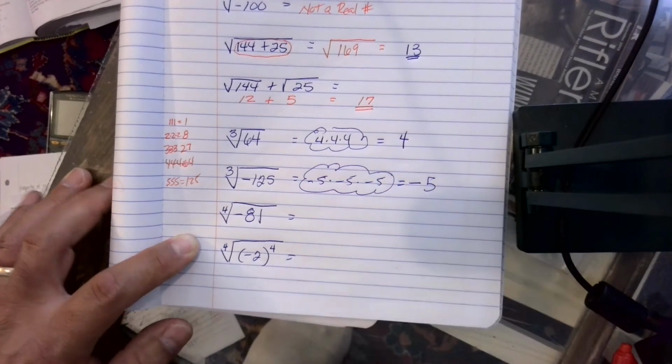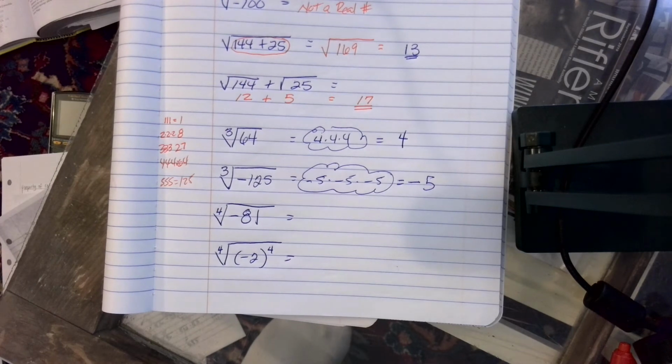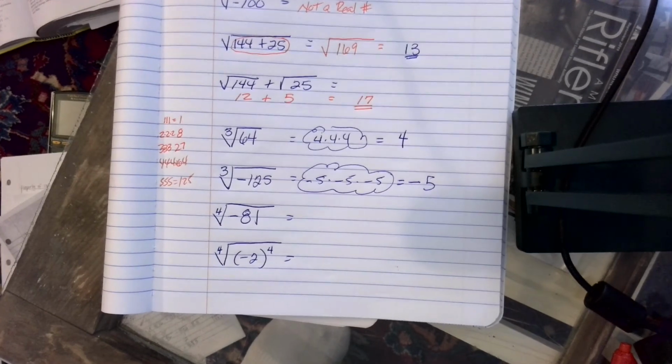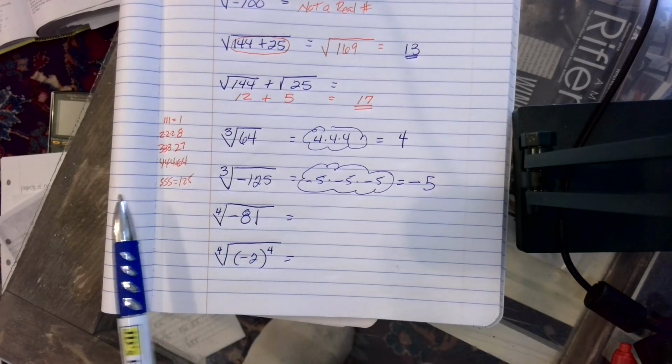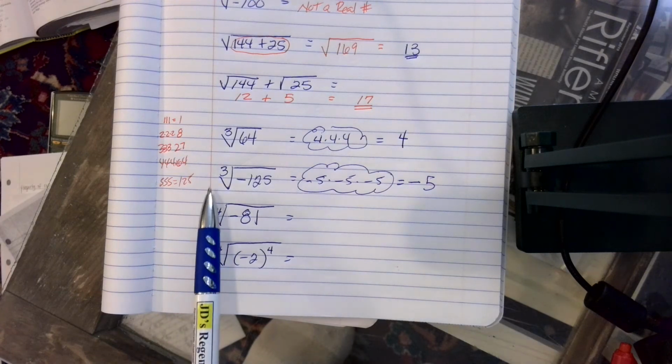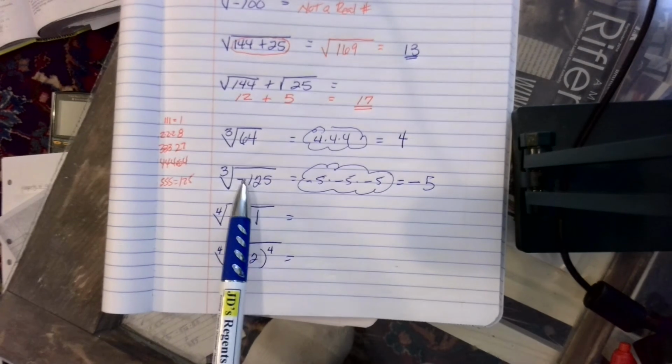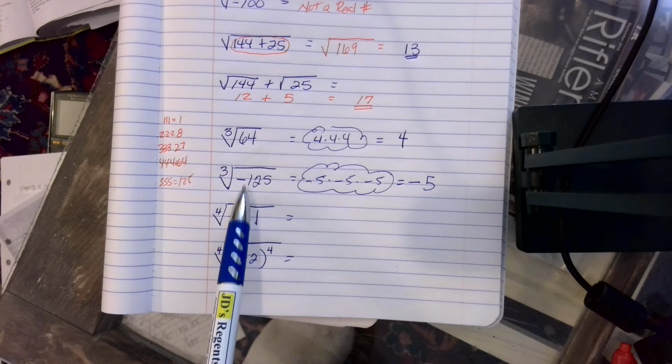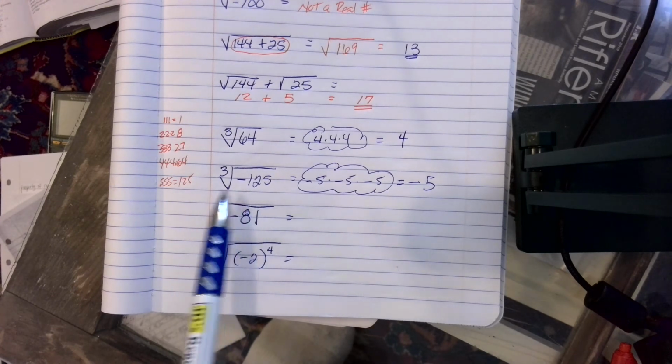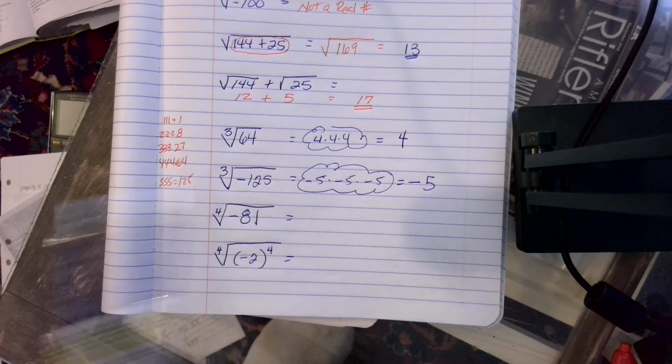So therefore, the cube root of negative 125 is negative 5. And you might notice that anytime you have an odd index, you can have a negative underneath the radical. Right? Your radicand can be negative.